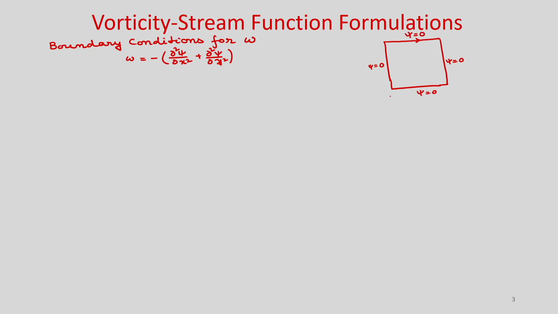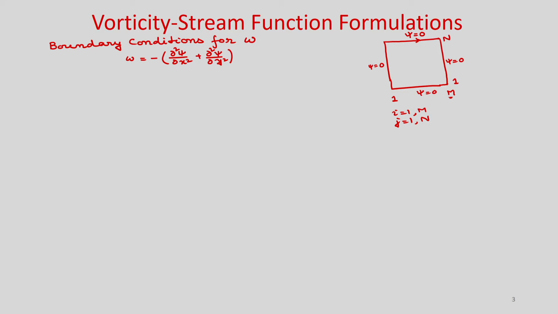And let us say that you have the values i is equal to 1 to m and j is equal to 1 to n. So, i is equal to 1, that means j is varying, so it is the left boundary, and i is equal to m, and j is varying, so it is your right boundary.